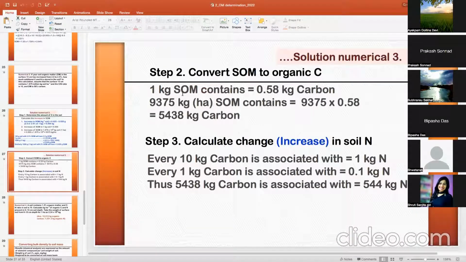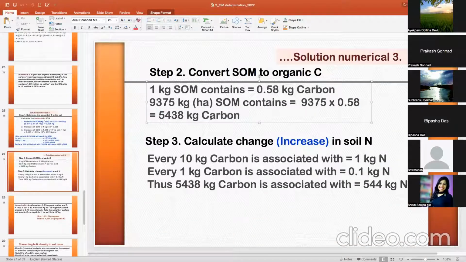So 1 kg soil organic matter contained 0.58 kg of carbon. So 9375 kg soil organic matter contains 9375 into 0.58, which is 5438 kg carbon.